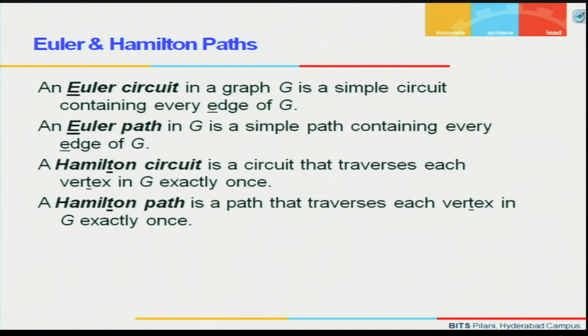Now the Hamiltonian circuit. If you have a simple graph like this, then it says it has a circuit which can start from a source vertex, traverse through some of the edges and reach back to the source vertex, but in the path all vertices of the graph should be covered exactly once.